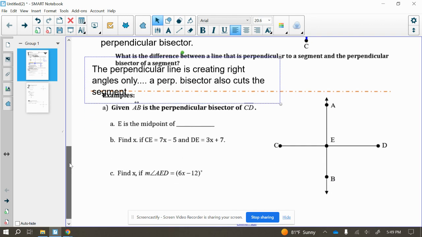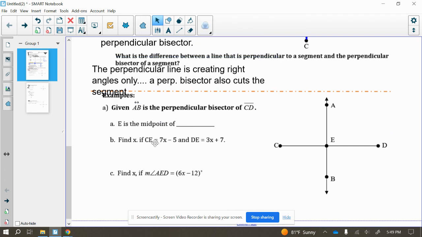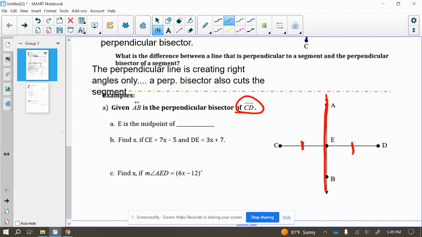Now, looking at some examples, they're telling us in this first example that that line AB is the perpendicular bisector. So here's the line they're talking about, AB. It is the perpendicular bisector of segment CD. So what that means is segment CD is getting cut in half, and E is the midpoint of that segment, right?